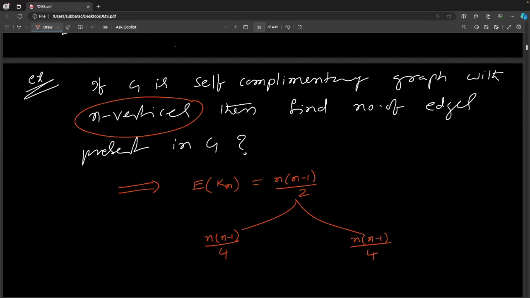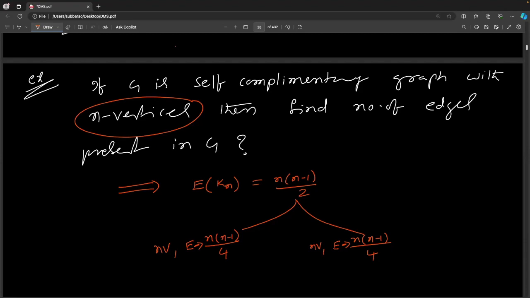If I add both of them, a complete graph should come. Here also n vertices are there, and the edges are these many. The very simplest problem. Everyone gave the answer.